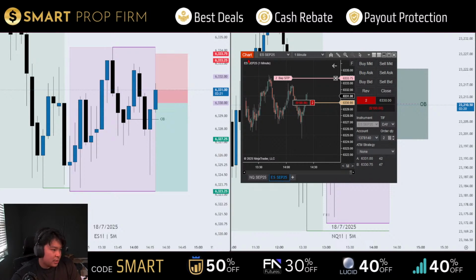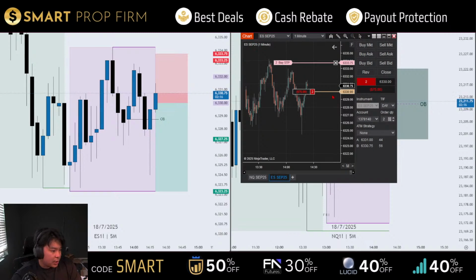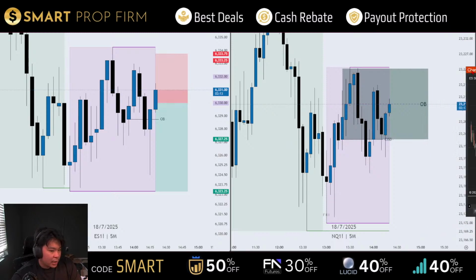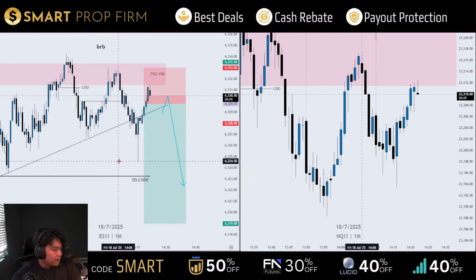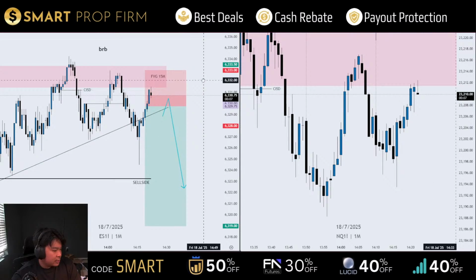Not the best reaction. This is very similar to what I did earlier. This could be just a range bound day, and I'm trying to play a directional move, and it's not doing that, and I should just focus on it being choppy. That could be the move right now, but I'll look at this more.